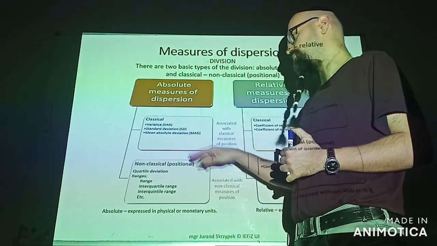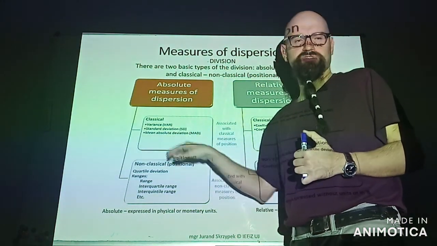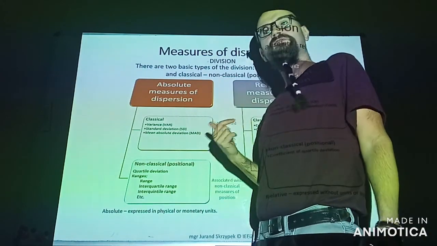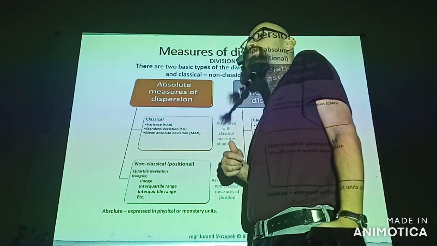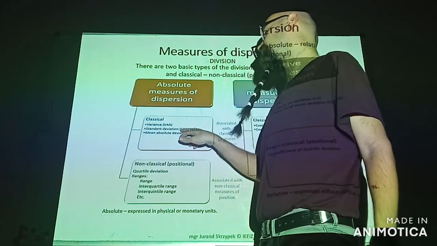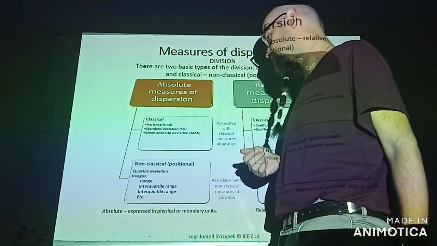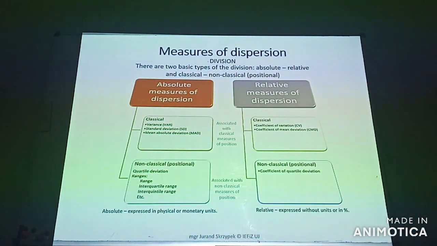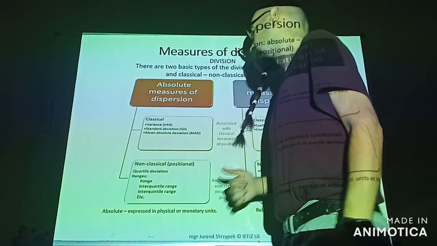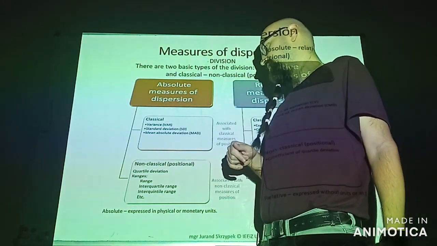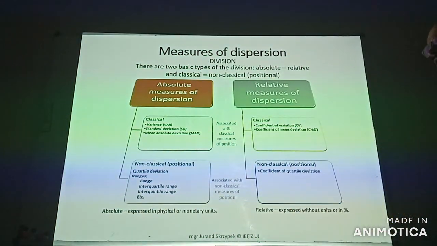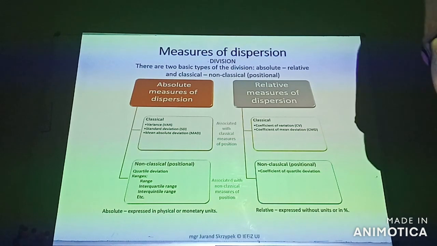I said usually because the variance is the only exception here. For example, if we consider the monthly wages in the firm expressed in dollars, the standard deviation of the wages, mean absolute deviation of the wages, quartile deviation of the wages are expressed exactly in dollars.